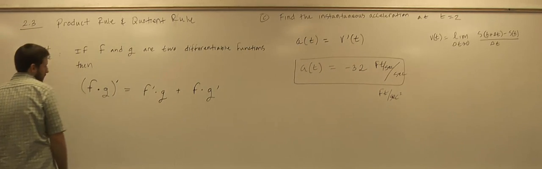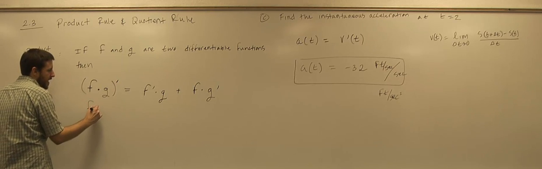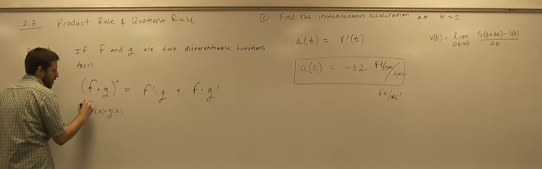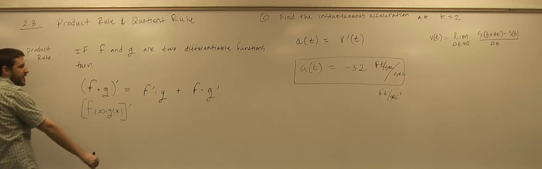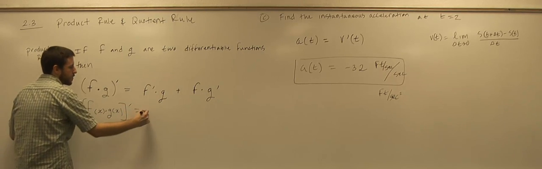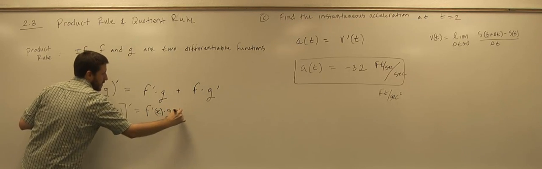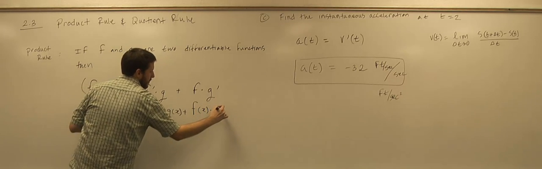It's written a whole bunch of ways. Sometimes you'll see x's in there. So you might see f of x times g of x, prime, is going to be equal to f prime of x times g of x plus f of x times g prime of x.